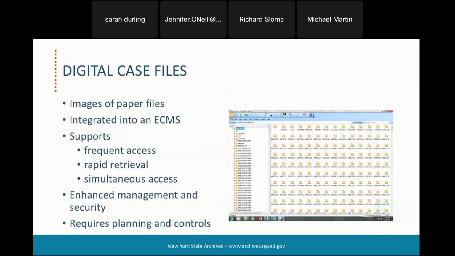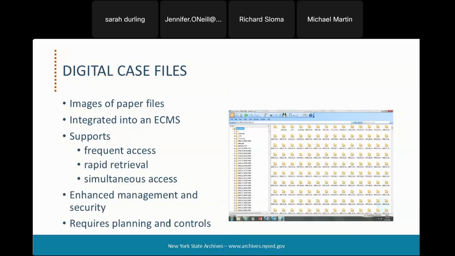The next type of case file are digital case files, and by digital case files, I'm talking about paper case files that have been scanned. These are usually managed on a network file drive.